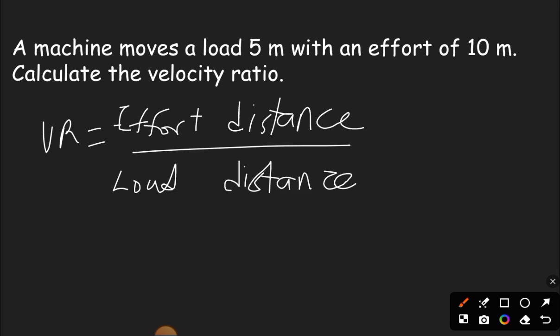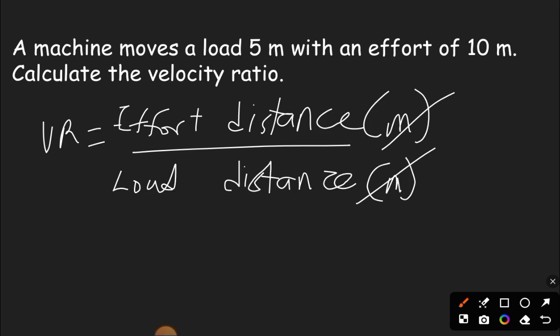So it is often represented as effort distance over load distance, and velocity ratio has no unit. Effort distance in meters, load distance also in meters. They are going to cancel out, so velocity ratio has no unit.